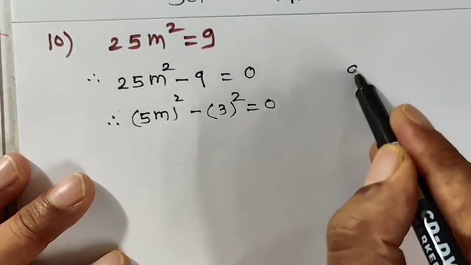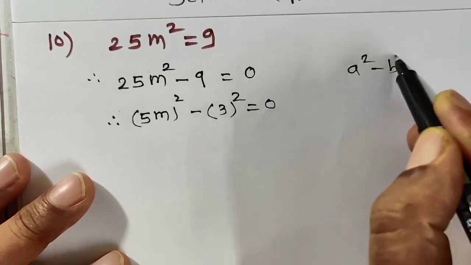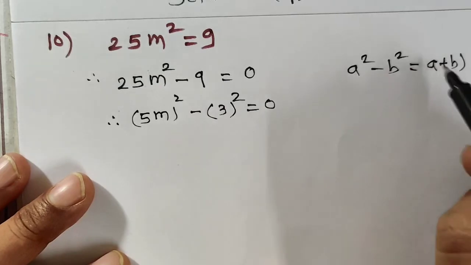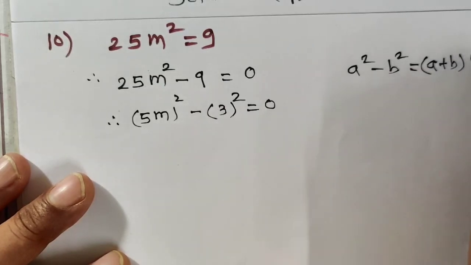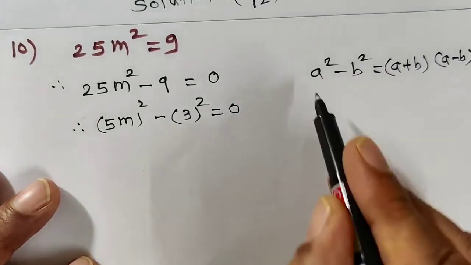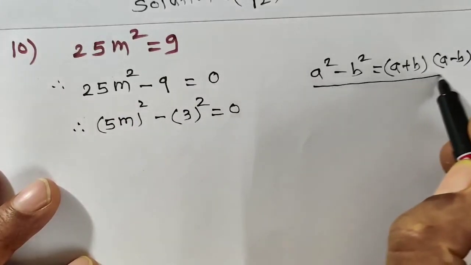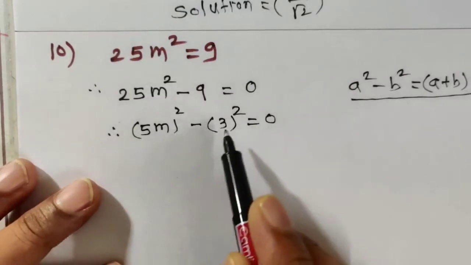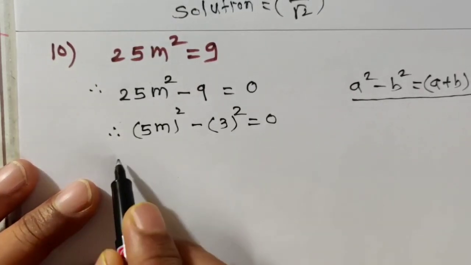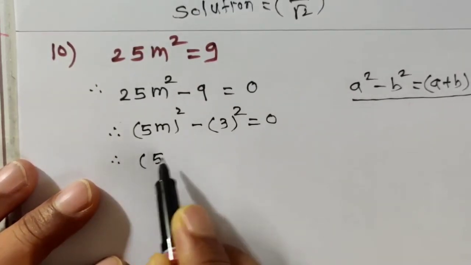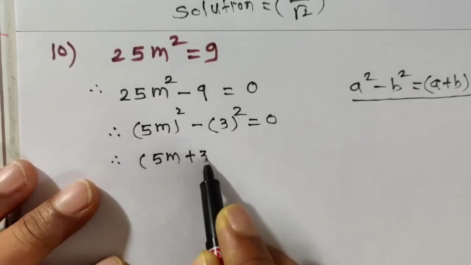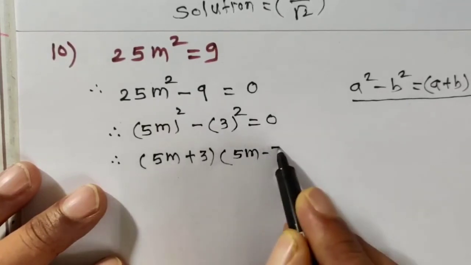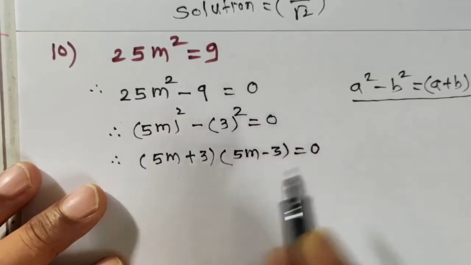You know the formula, a square minus b square, we studied in 8th and 9th. One factor is a plus b, another factor is a minus b. So use this concept: a square minus b square is equal to a plus b, a minus b. So here 5m square minus 3 square is equal to 0. Therefore first factor is 5m plus 3 and second factor is 5m minus 3, is equal to 0.